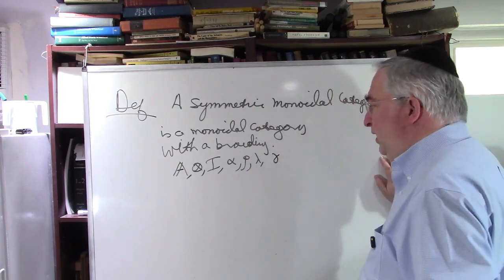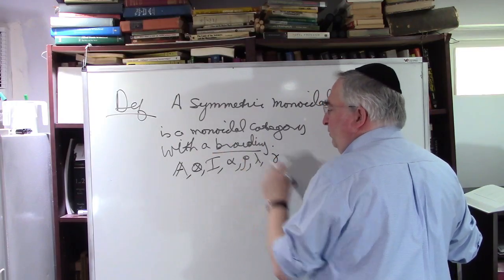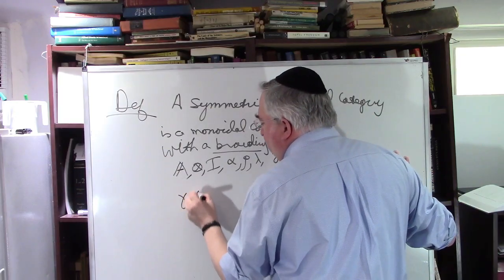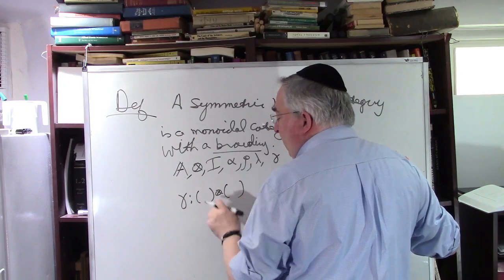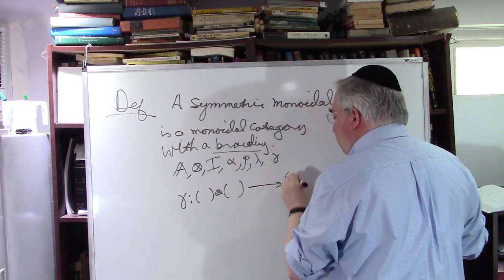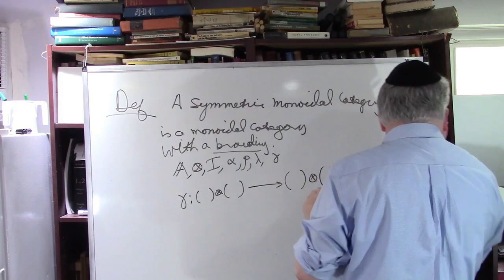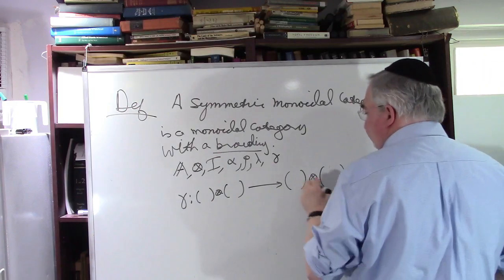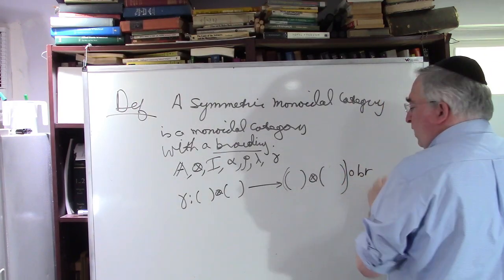And what's a braiding? Again, a braiding is not the best word for it, but we're going to follow convention. A braiding goes from a pair of objects like that to, I think it's called twist, BR.